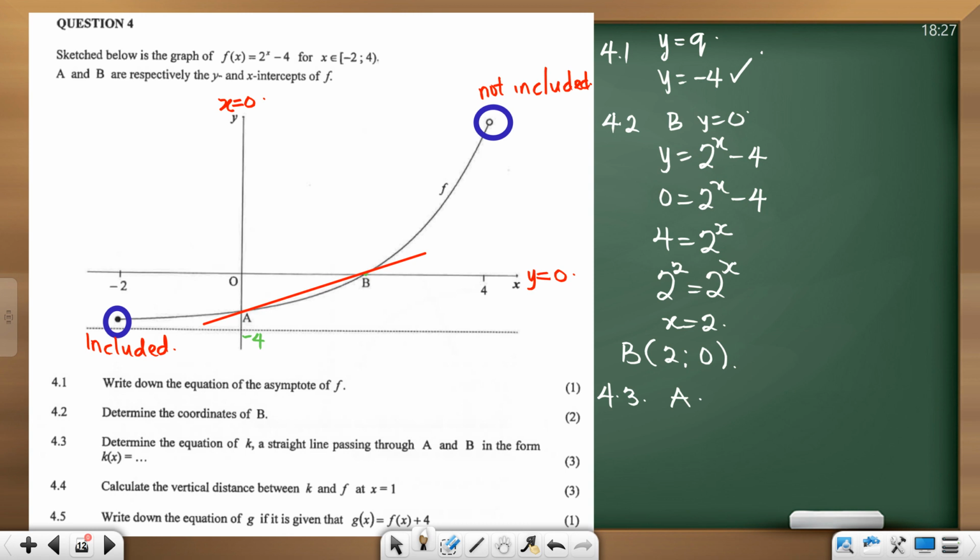I need the coordinate of A. Some say 0 and -4, some say 0 and -3.